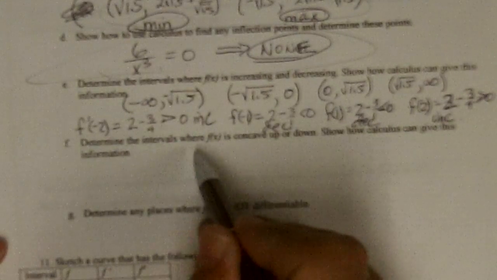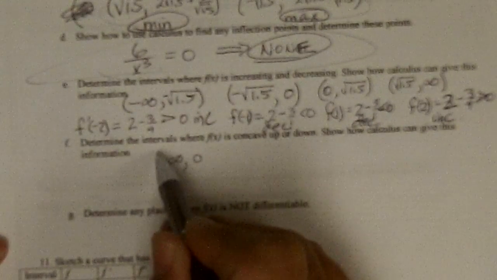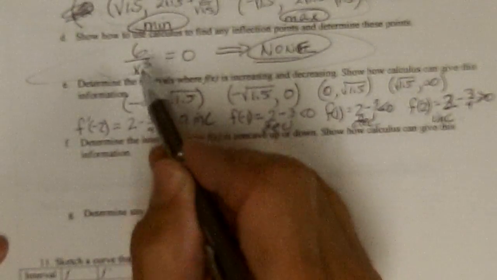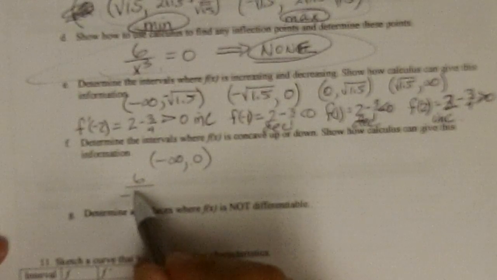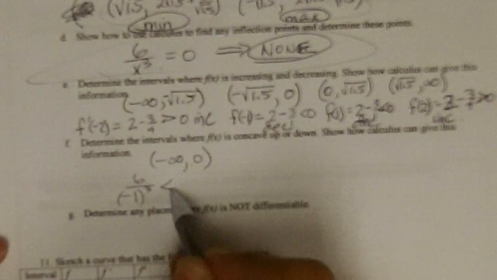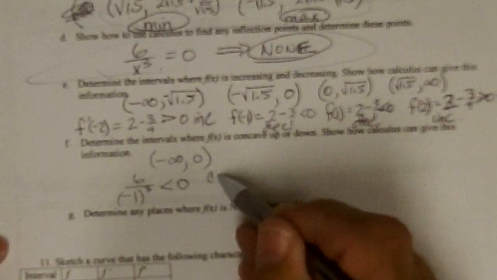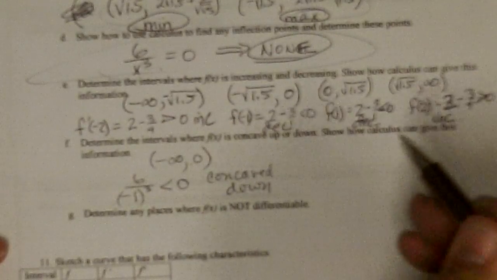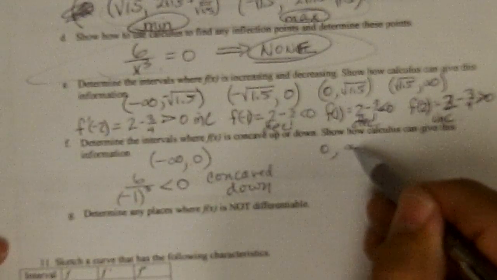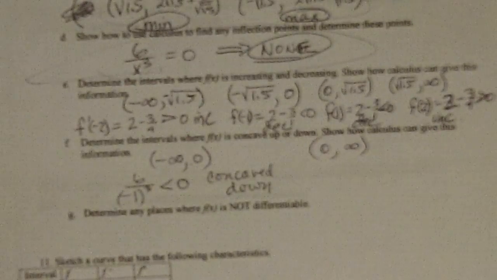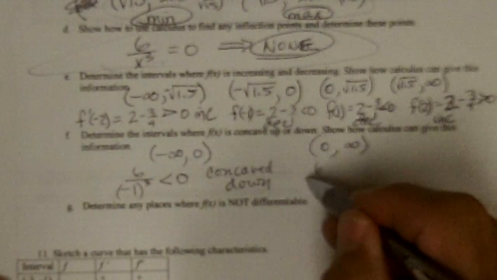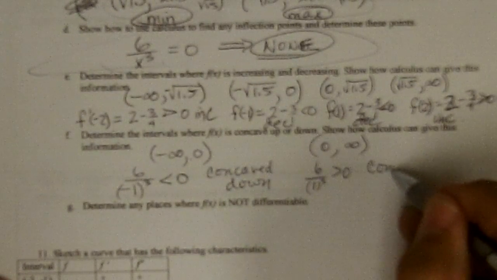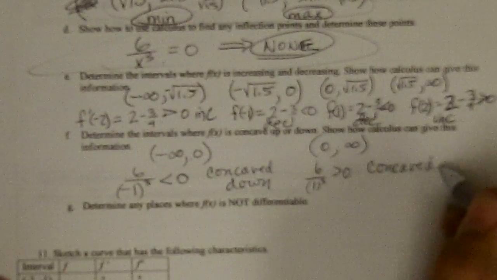So we can check from negative infinity up to 0 by putting something in there, which is negative 1, into the second derivative, and we get 6 over negative 1 cubed, which is negative, so it's concave down. And then we're going to put something from 0 to infinity, like 1, so that'd be 6 over 1 cubed, which is greater than 0, so it's concave up.